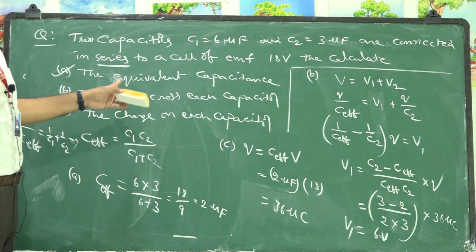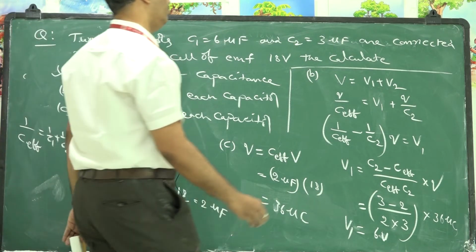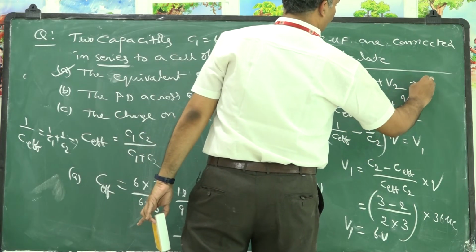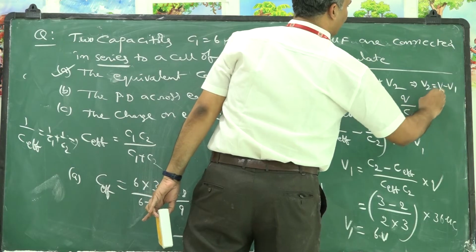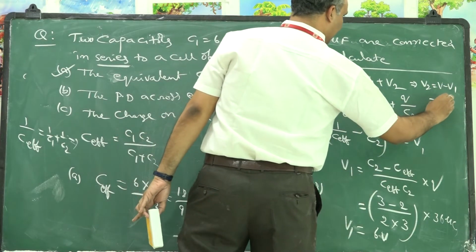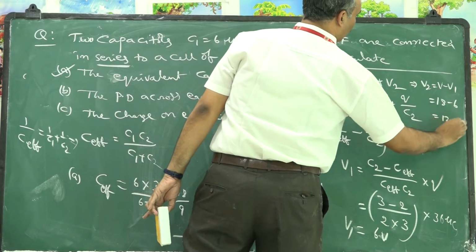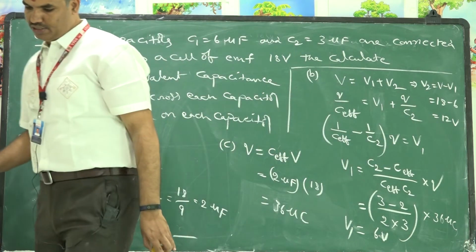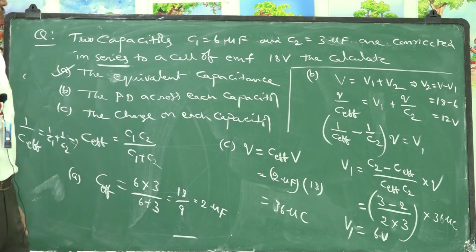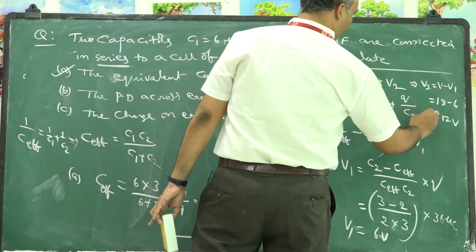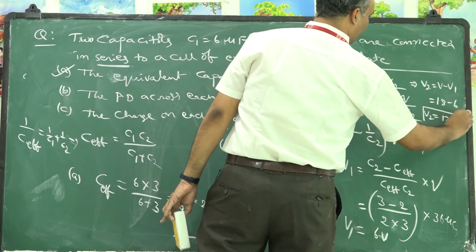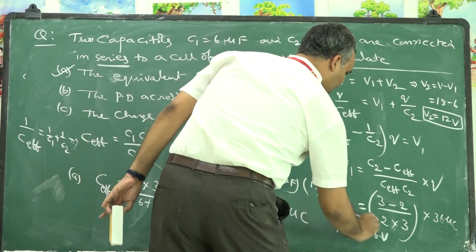As you know, V1 plus V2 is equal to 18 volts. V2 is given by V minus V1. That is nothing but 18 minus 6, 12 volts. Voltage across first capacitor is 6 volts. Voltage across second capacitor, V2, is 12 volts.